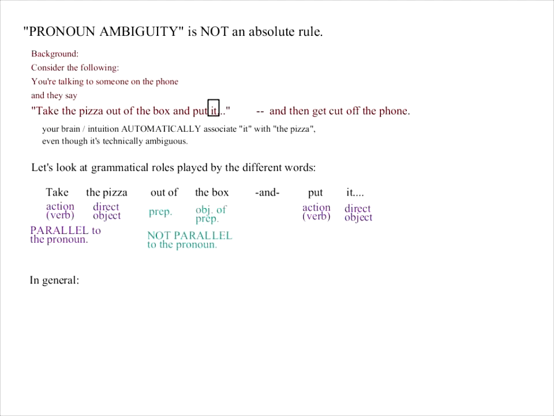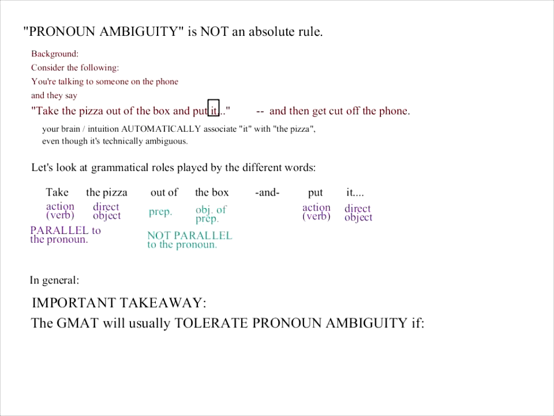The important takeaway is that the GMAT will usually tolerate pronoun ambiguity if, number one, the context is obvious, which is the one shortcoming of the pizza example.